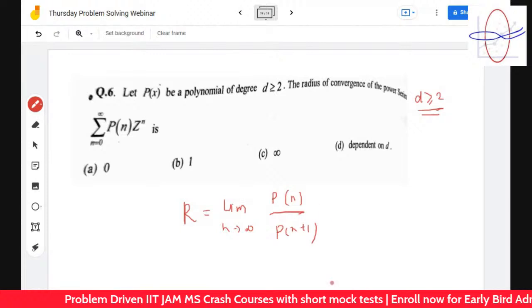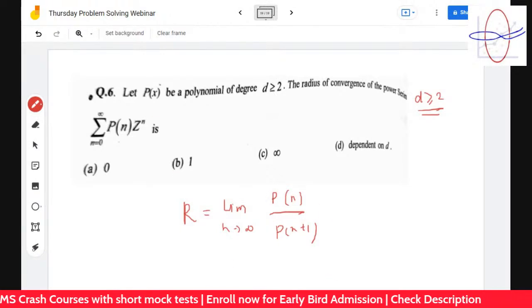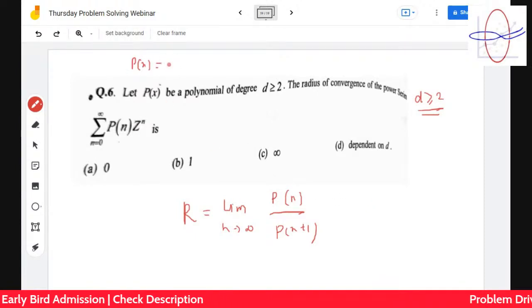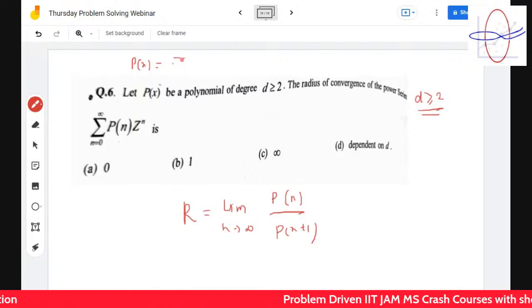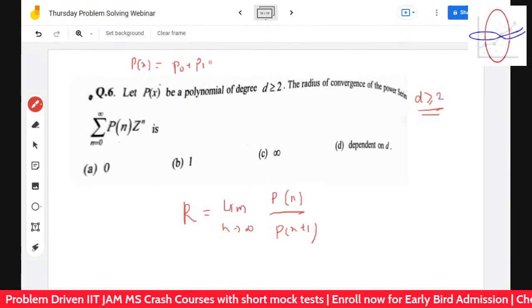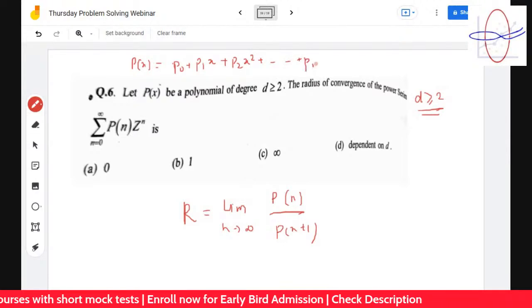Can you tell me what this limit is, guys? It's very easy. If p(x) is equal to, let's say, p0 plus p1 x plus p2 x square plus dot dot dot plus pm x to the power m.